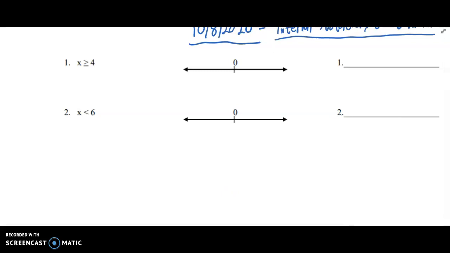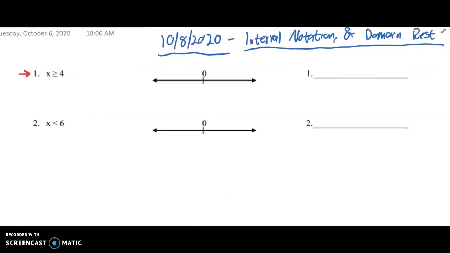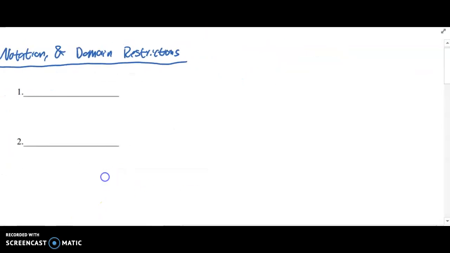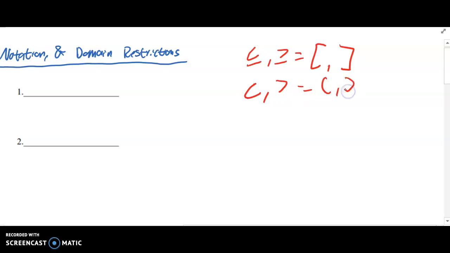Okay, so we want to take this inequality and express it on a number line and as interval notation. Reminder that these symbols are brackets in interval notation, and these inequality symbols are parentheses, and they mean the same thing: do include and don't include.